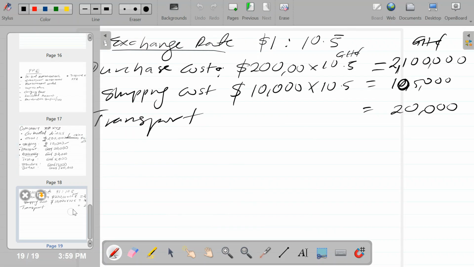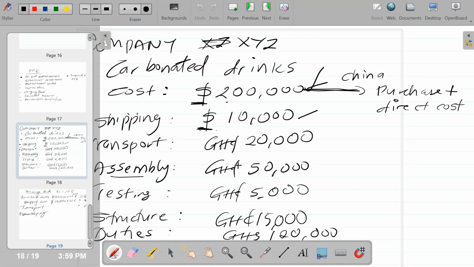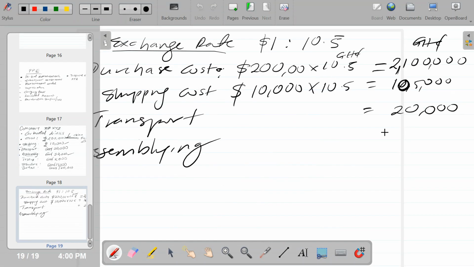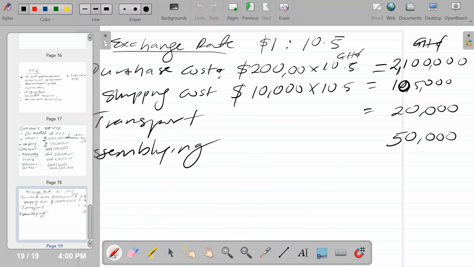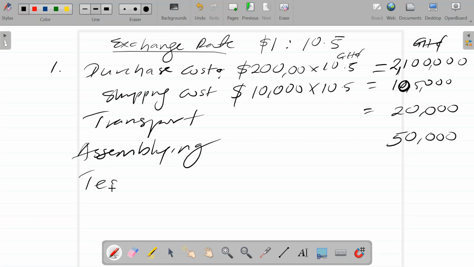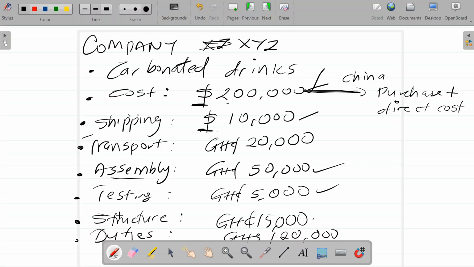Then assembling. How much is assembling? 50,000. So you put it here. Testing is 5,000. Then site preparation.